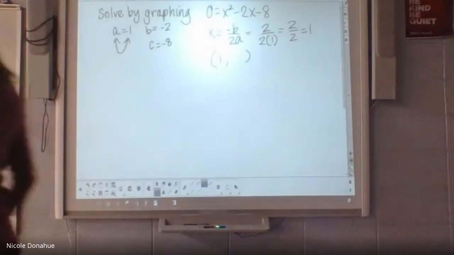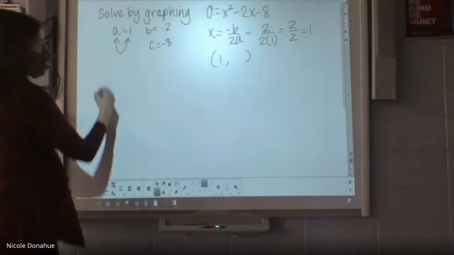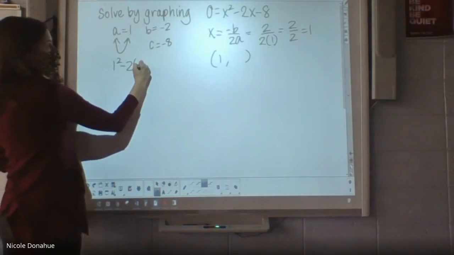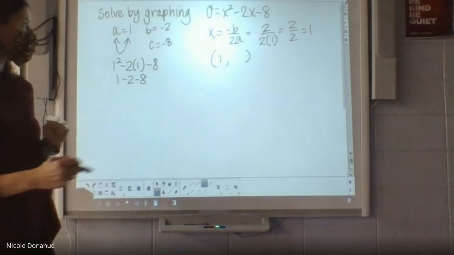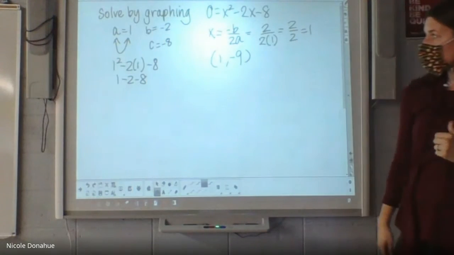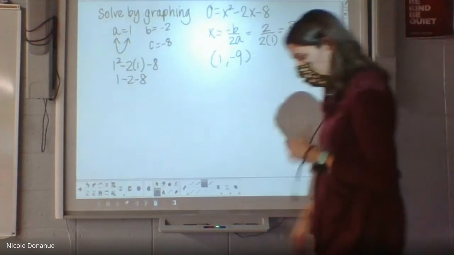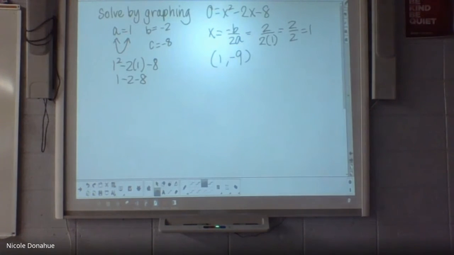But then I need to find the y coordinate. Remember, we substitute that value back in to find our y. So I'm going to put that back into our equation. So we get -9. So I have my vertex, and I'll tell you guys right now, we probably have to make a little bit larger table of values, just because I don't think it'll fit if we just do 5.